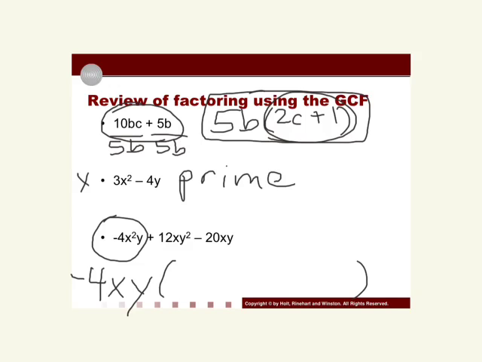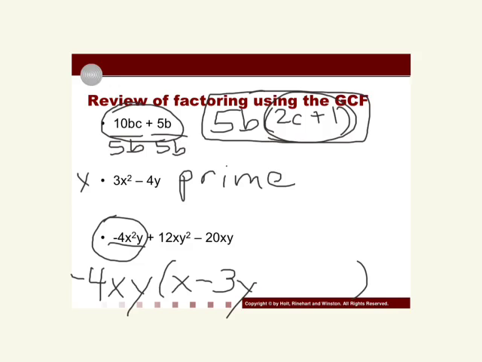And now I have to decide what goes on the inside. Well, remember, I'm dividing by my GCF. So a negative divided by negative would be a positive, and I'd be left with just an x there. Then a positive 12 divided by negative 4 would be a negative 3. And again, I'd just be left with a y in this case.